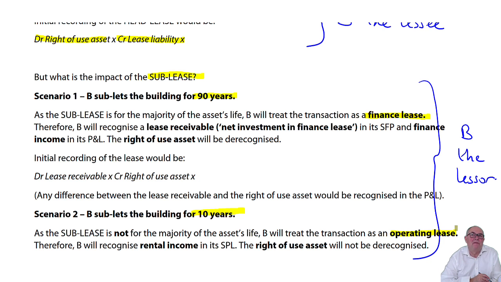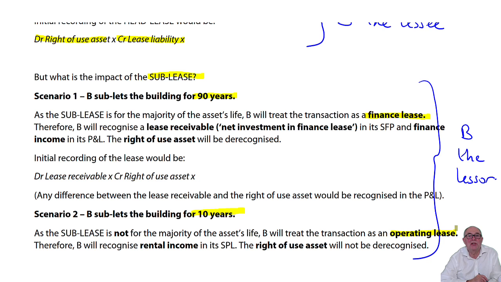If you've got a finance lease, then remember that you don't show the physical asset in your books. What you would show is a lease receivable. So where you've got a finance lease, often something where probably the life is more than 3/4 of the life of the asset or whatever, then you show a lease receivable.